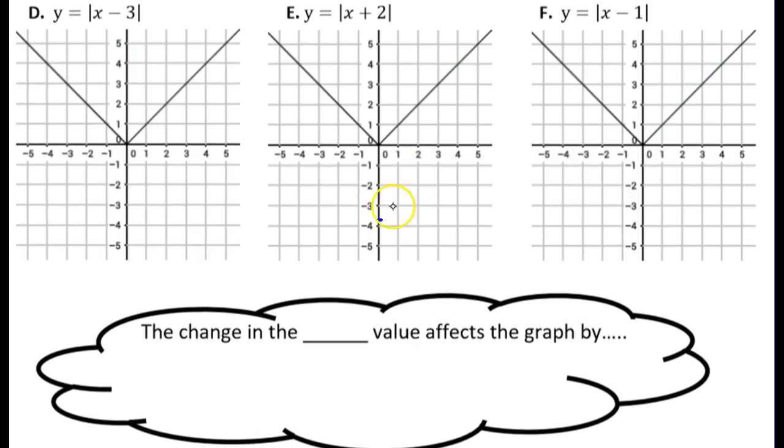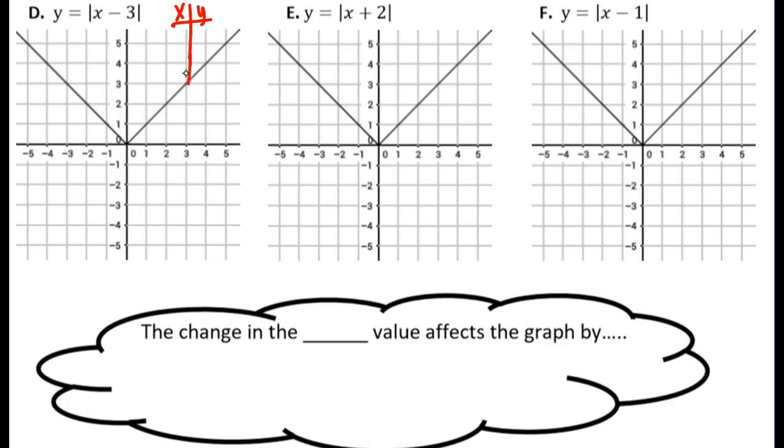Alright, so in this last set here, notice our values are now on the inside, and if you remember from the quadratic function, when we had stuff inside of the parentheses in vertex form, we ended up doing the opposite of what we really thought was going to happen. So again, I'm going to show you this by starting off with a table of values. You got to be careful this go around on what you choose.